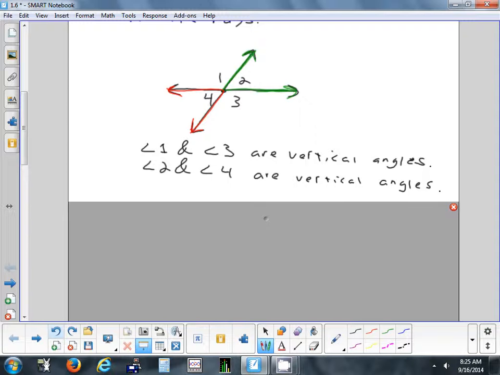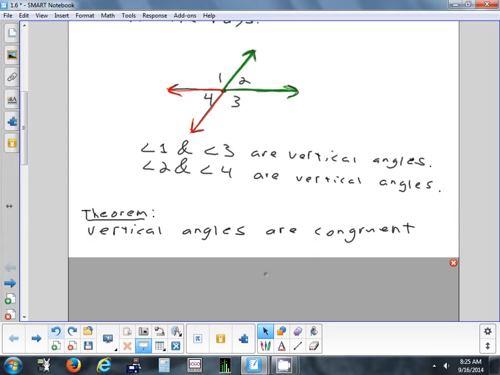Now again, we have two pairs of opposite rays. If you look at angle 2 and angle 4, or angle 1 and angle 3, does anybody notice anything about them? Do they kind of look, I'm looking for something here, yeah? They are the same degree. Right, they have the same measure, which we'll get to right here.